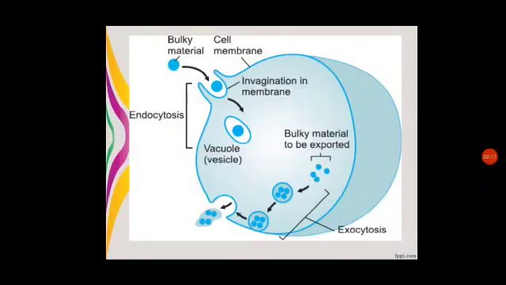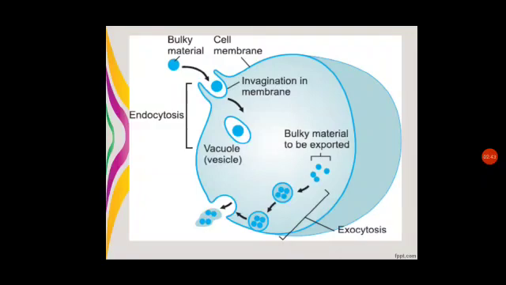Here you can see very clearly when the bulky material comes in contact with the cell membrane, there is an invagination in the cell membrane. And when this material comes inside the cell, it is taken up by the vacuole. As you know, the function of the vacuole is to store extra materials and waste materials inside the cell.